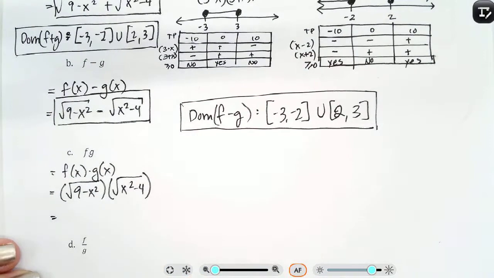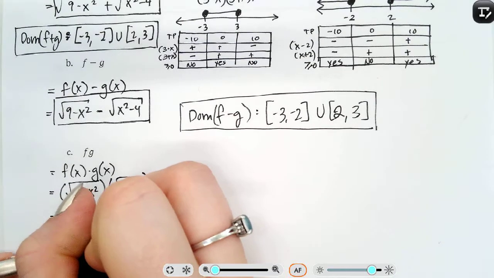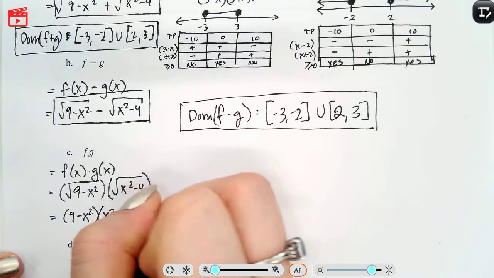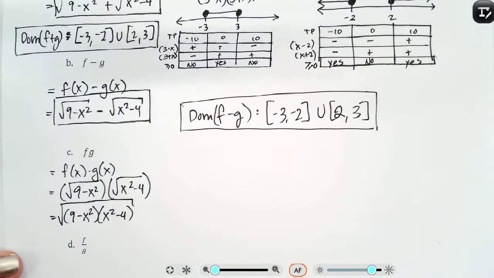Take a second and see if you can figure out what that's going to be. Okay, so it's going to be the square root of 9 minus x squared times x squared minus 4.